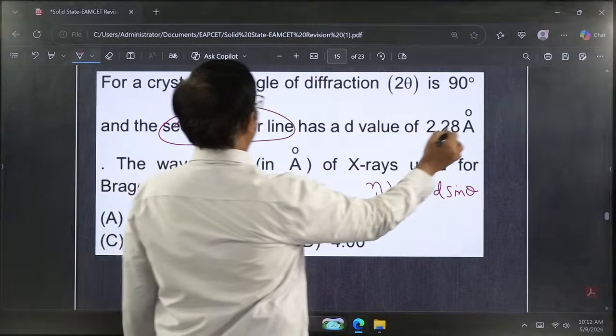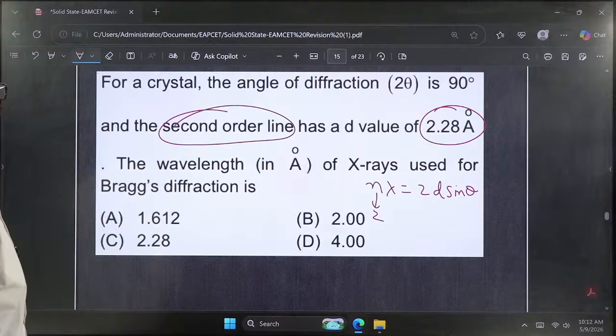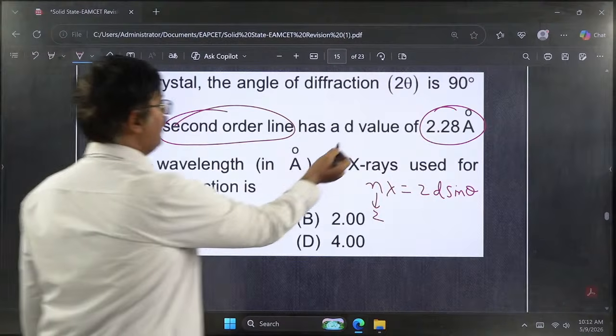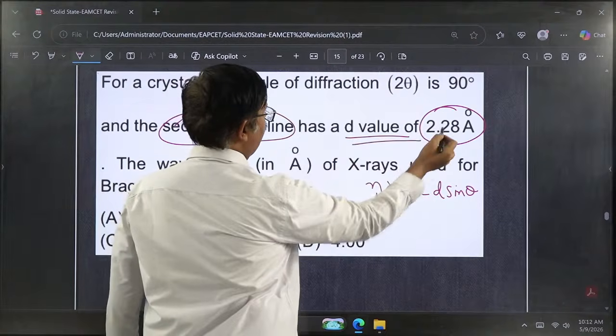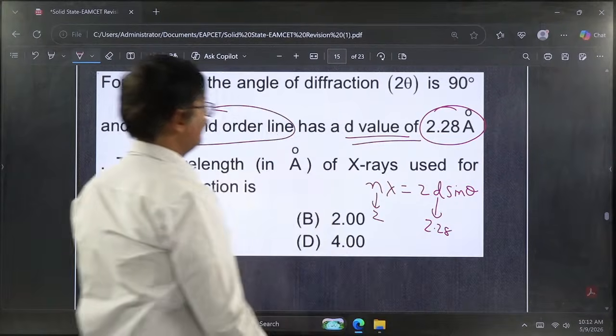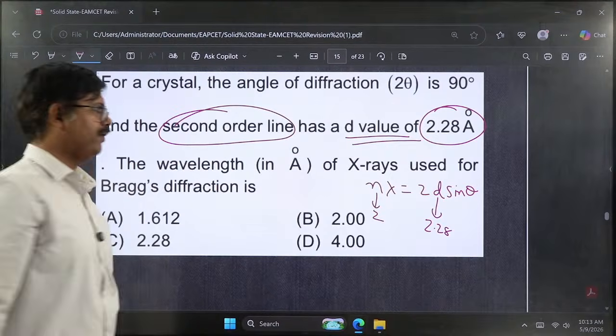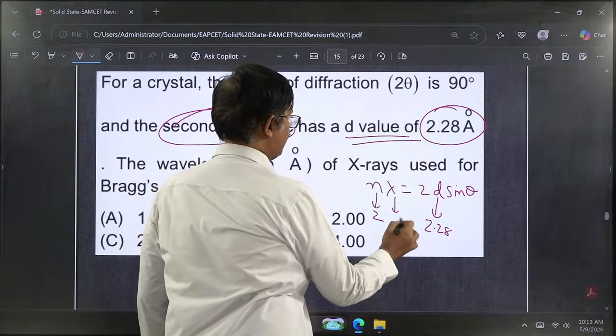The d value is given as 2.28 angstroms. The wavelength lambda is what they are asking.